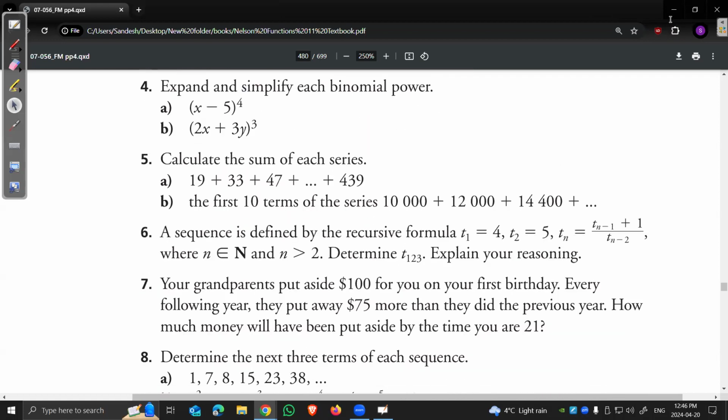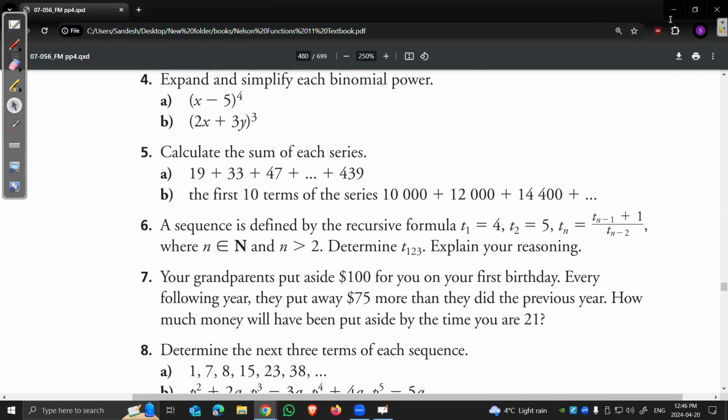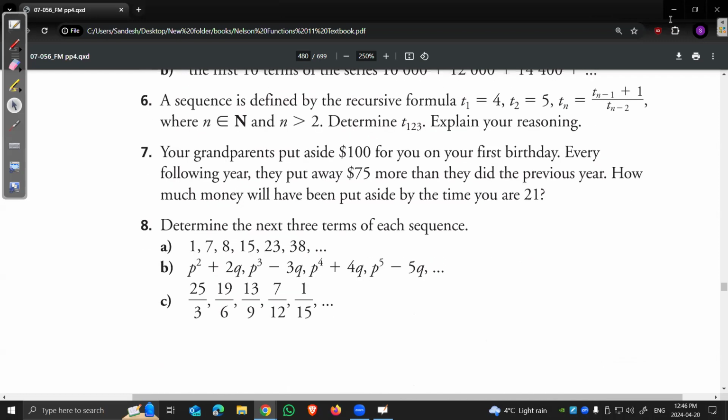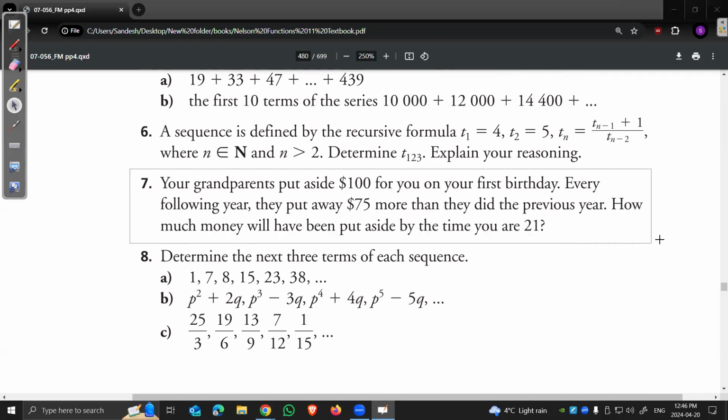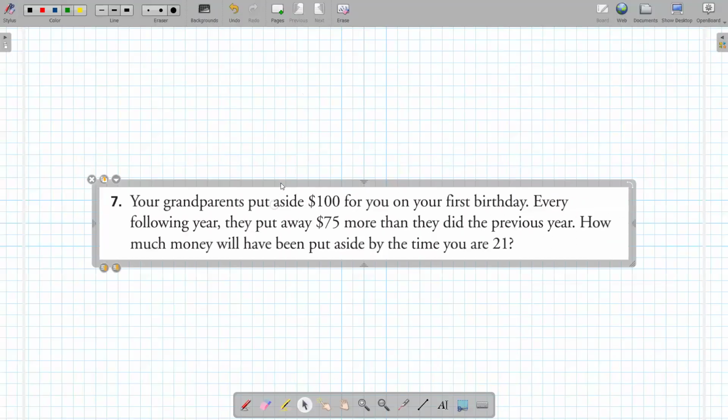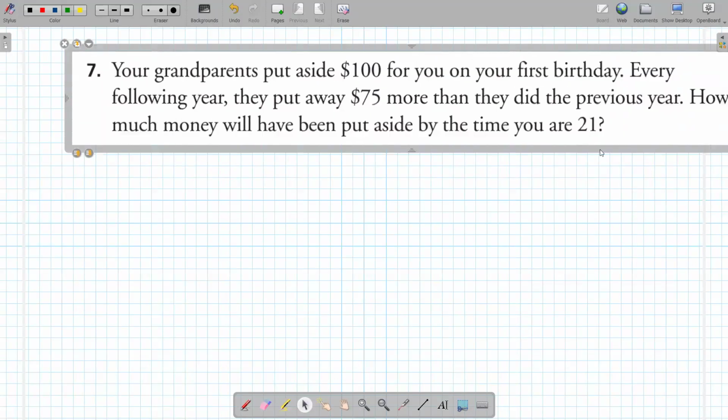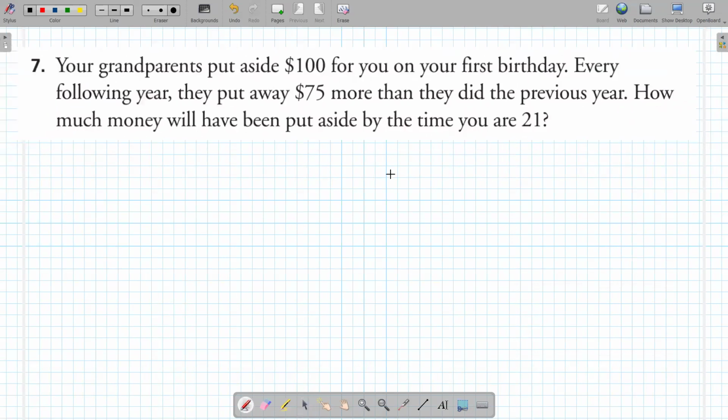Okay, we have 15 minutes left. Let's see this one. Your grandparents put aside $100 for you on your first birthday. So you were born, this is your bank balance, you had nothing.